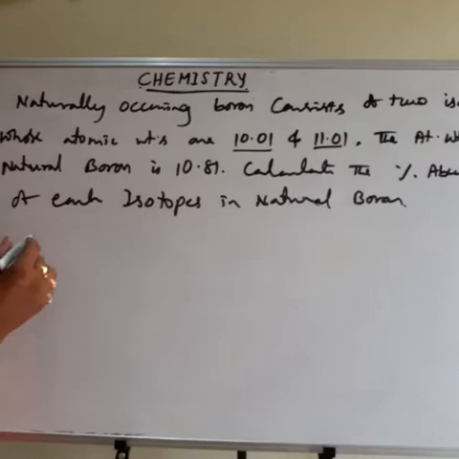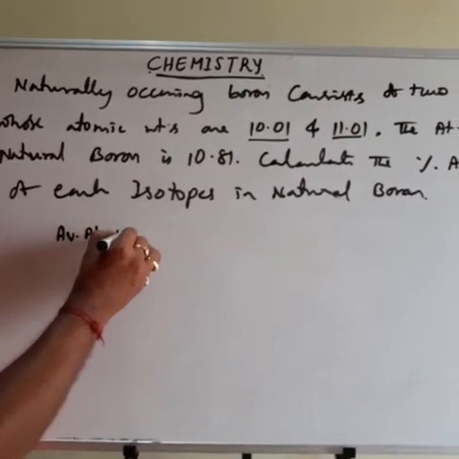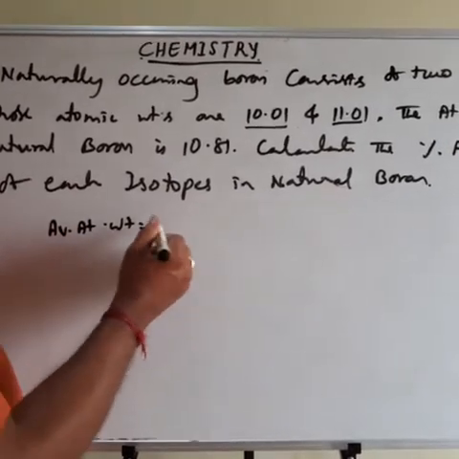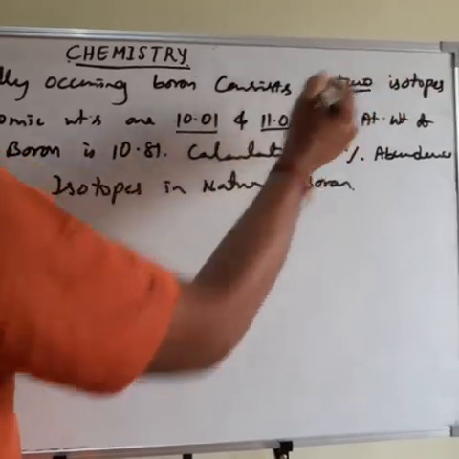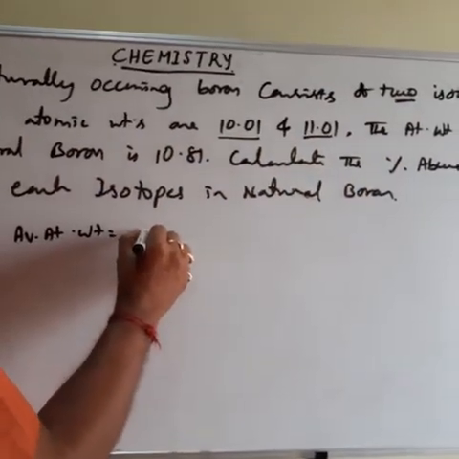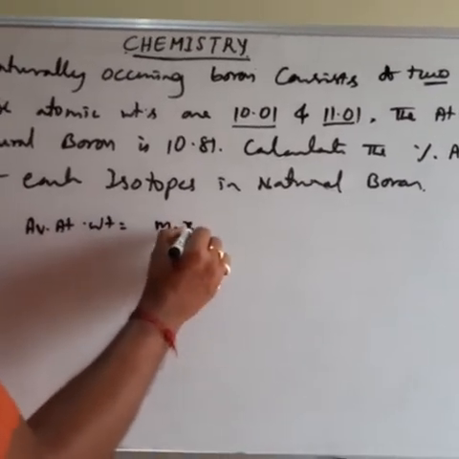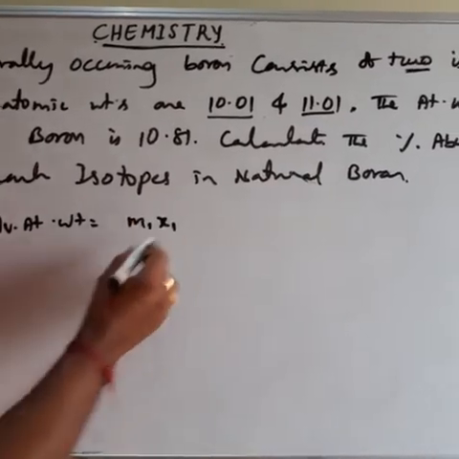Then see the formula. Average atomic weight is equal to, here how many isotopes are there? Two isotopes. Isotope mass M1, abundance X1. We don't know the abundance, that's why I am taking X1.